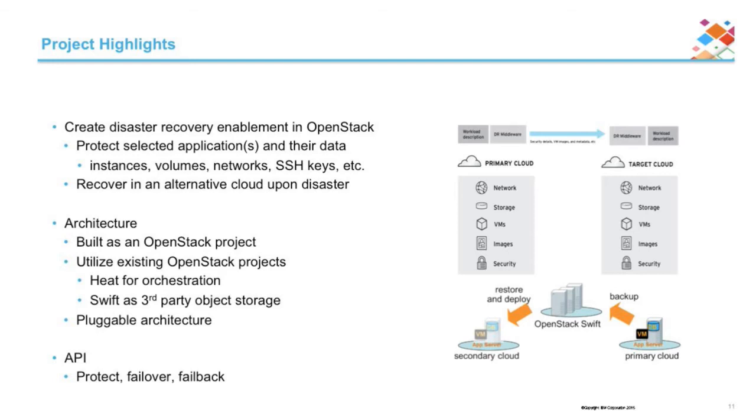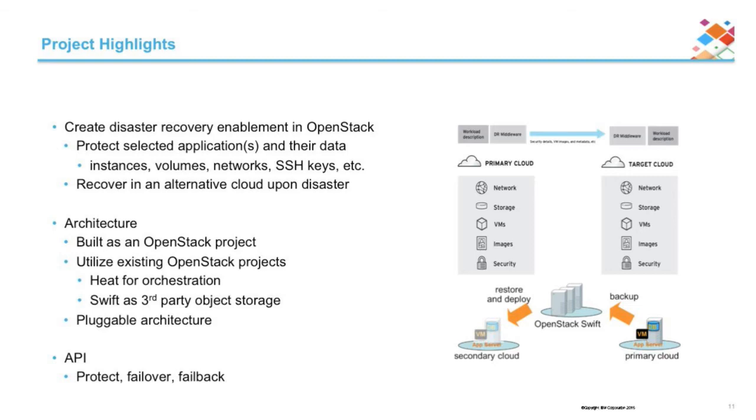So we look at workload at the cloud, and our objective is to seamlessly transition a workload from a primary cloud to a secondary cloud. And to do so, we basically look at two things. The metadata, which is a description of the workload: list of servers, list of volumes attached, network configuration, SSH keys, all that data.